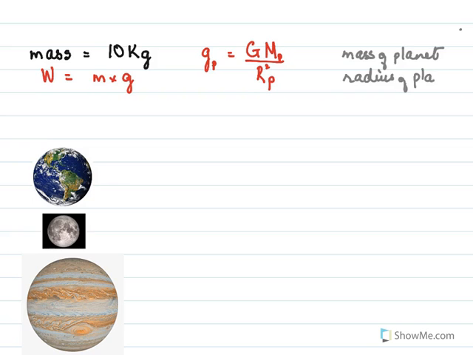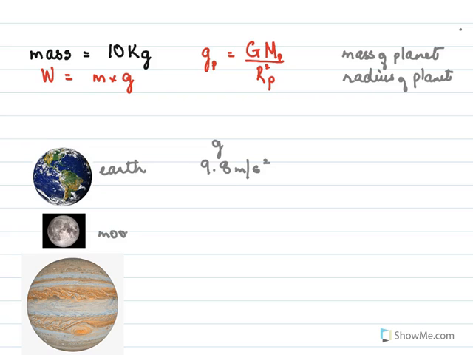Now since planets have different masses and different radii, you expect the acceleration due to gravity will be different for different planets. On Earth, the acceleration due to gravity is 9.8 meter per second square.